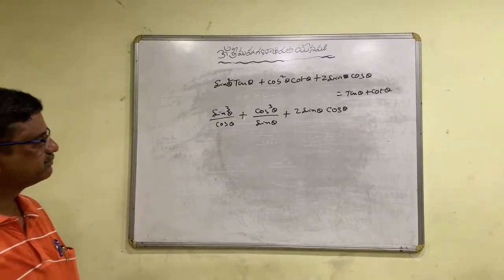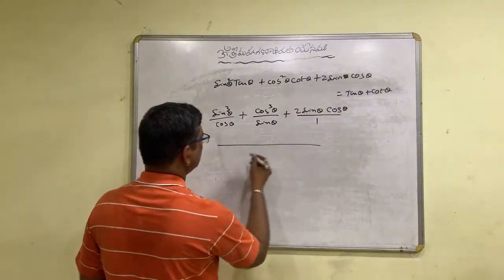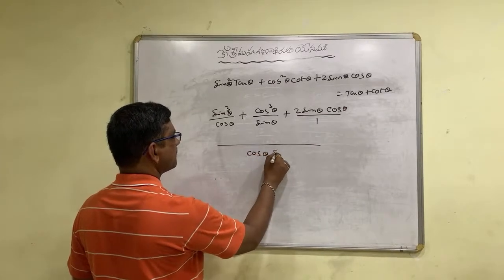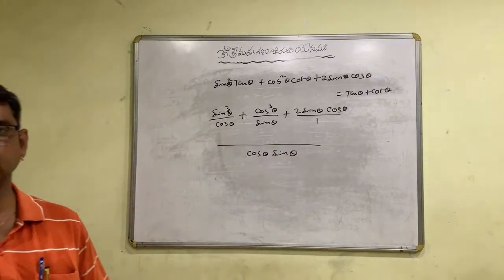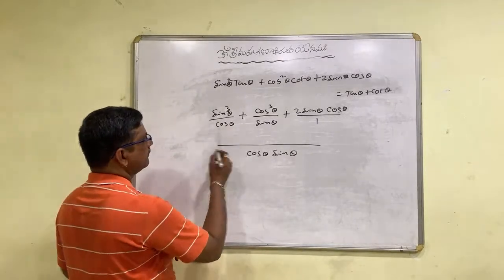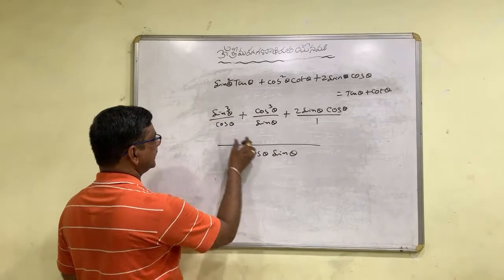Okay, now what will I do? I'll take LCM. Now here you can see what I get: cos theta sin theta in the denominator.